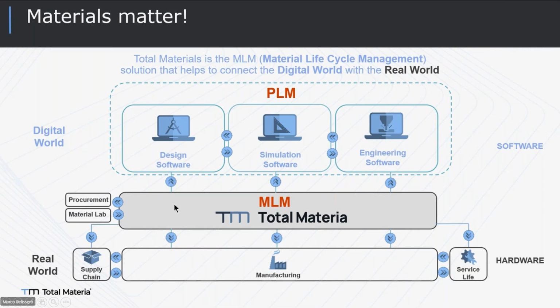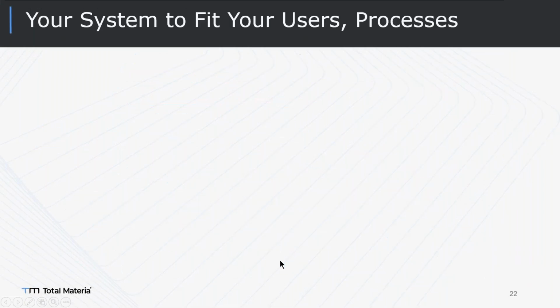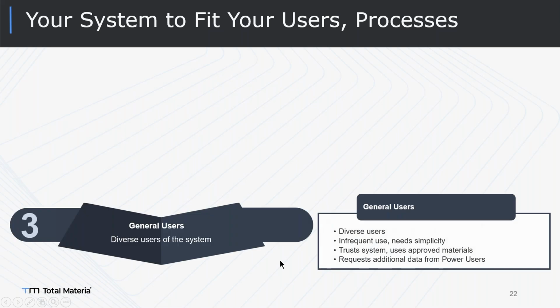You can use these material cards with the design, simulation, and engineering software, and the PLM system, so the whole digital world becomes really suitable for the real manufacturing world. You can share some information with the supply chain. Most probably some of our Integrator users are sharing some information with you, and service life and hardware. All this information becomes real.